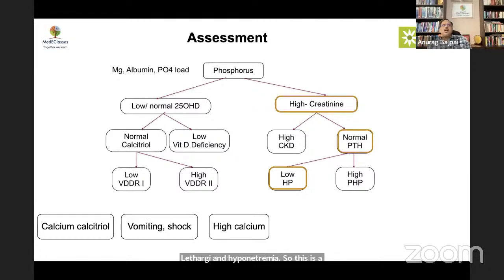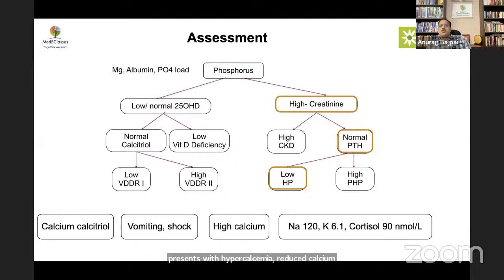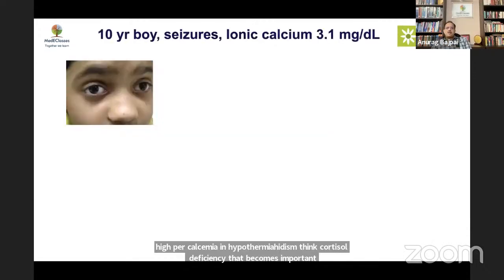A child with hypoparathyroidism who was well controlled suddenly presents with hypercalcemia and reduced calcium requirement. Think of the possibility of a cortisol deficiency in the setting of an autoimmune polyendocrinopathy syndrome. So hypercalcemia in hypoparathyroidism, think cortisol deficiency. That becomes important. So this was APS in that regard.